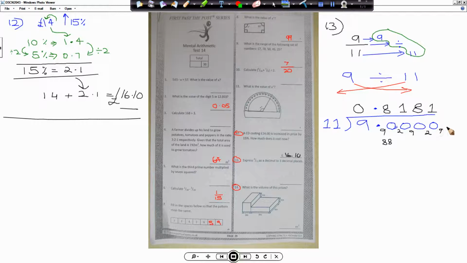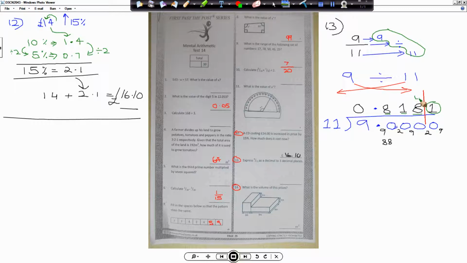We don't need to worry about that one for the moment, because our mandate for this question is to give the answer to how many decimal places? Okay, watch this. We have 1, 2, 3 decimal places, and then we look at the next number, that's called the decider. If this number is 5 or more, we add 1 to the last digit.